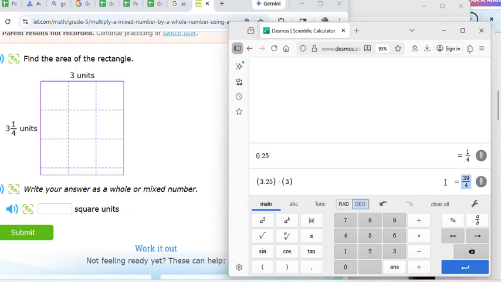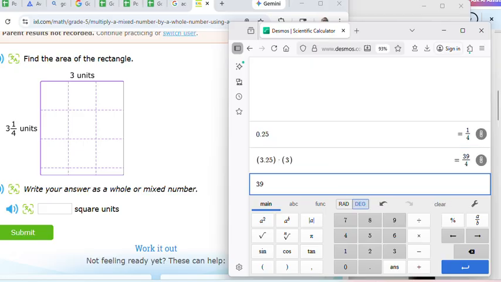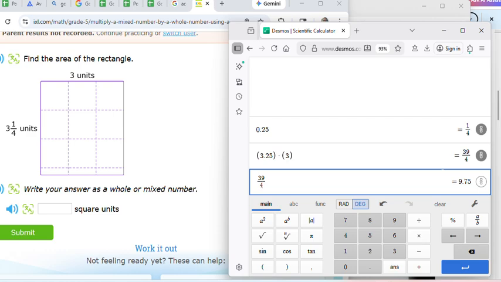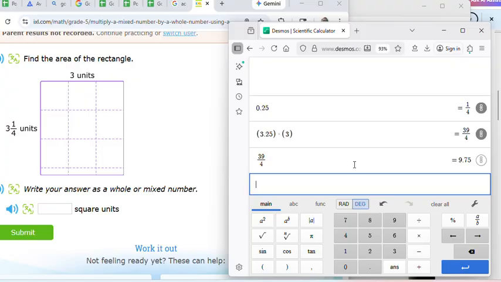Okay, that's what we would call an improper fraction because the numerator is greater than the denominator. But if you remember how we do that, we do 39 divided by 4. So basically that means we have a 9, right?